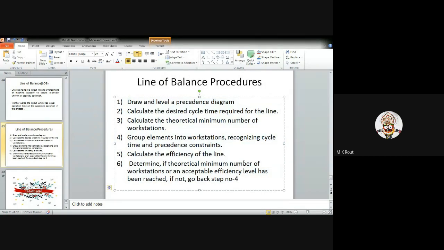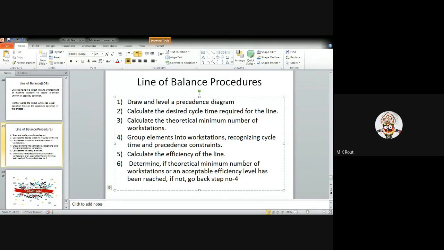I repeat, the first step is draw and label the precedence diagram. Same thing we have done in case of PERT and CPM, especially critical path methods. This is very much equal to your precedence diagram or network diagram. The next one is calculate the desired cycle time required for the line. The third one is calculate the theoretical minimum number of workstations.